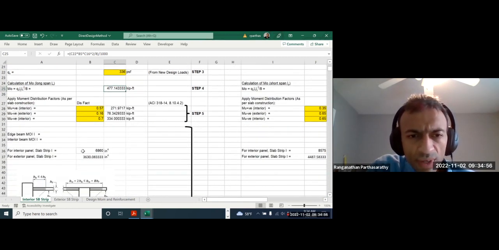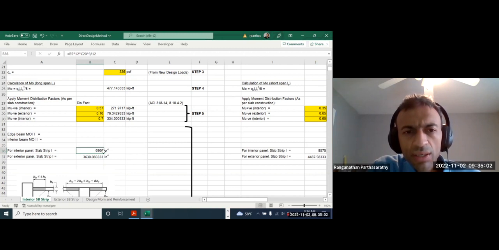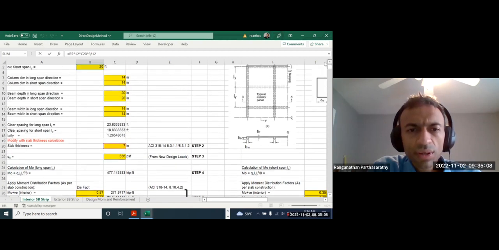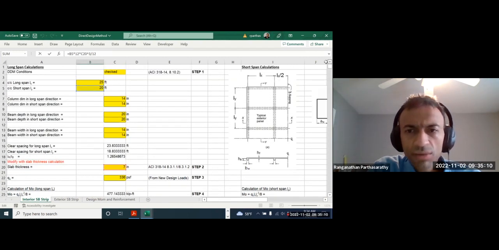For this particular one, we will just need the slab beam strips, with the moment of inertia calculated according to the full short span width and the slab thickness.